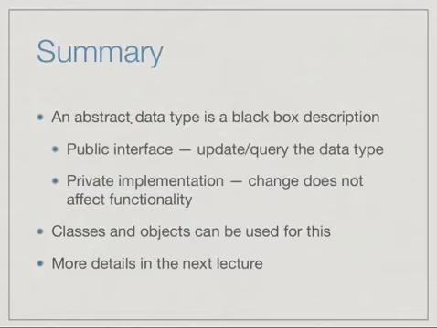But the important thing is changing the private implementation should not affect how the functions behave in terms of input and output. They may behave differently in terms of efficiency. You might see that one version is faster than another, or one version is slower than another. But this is not the same as saying that the functions change. So we don't want the values to change. If we have a priority queue and we insert a set of values and then delete max, no matter how the priority queue is actually implemented internally, the delete max should give us the same value at the end.